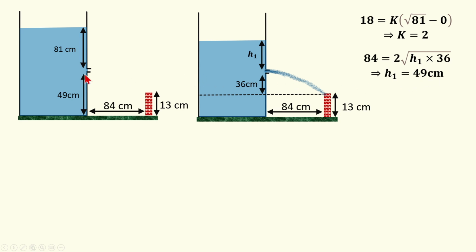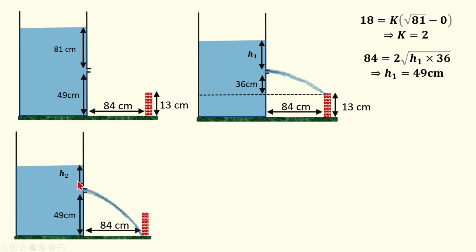So obviously now we know that initially the water jet coming out of this orifice was actually going over this brick, right? So after some time, the first time it will hit the wall is this position, right, at value of h1 above this point. Now let's consider the final position when this water will hit the lowermost position, right? So at that particular position, let's assume that the height above this orifice is h2.